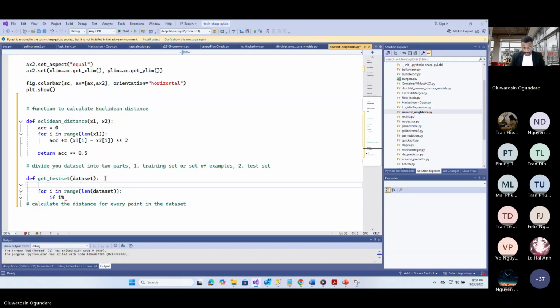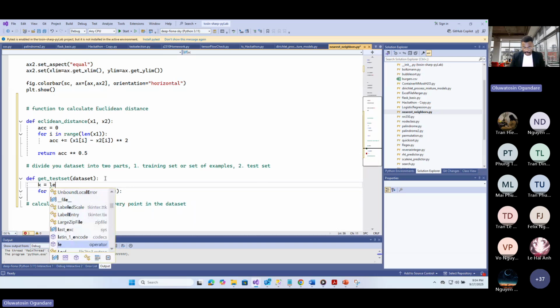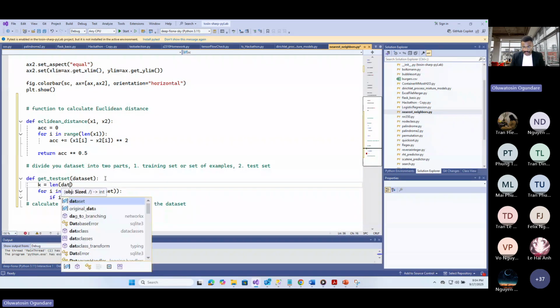Let's do this. K equals the length of the data set.